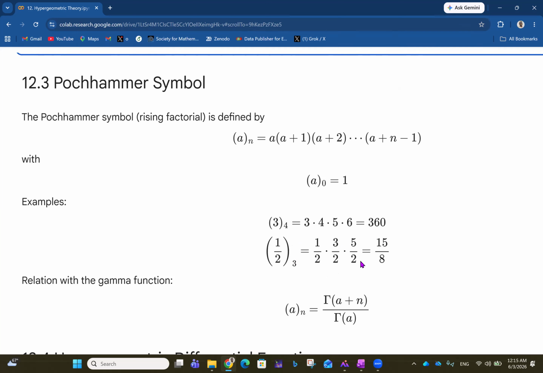And then, of course, we also saw how Pochhammer symbols can be related with the gamma function, such that a sub n is the same thing as gamma a plus n all over gamma a.